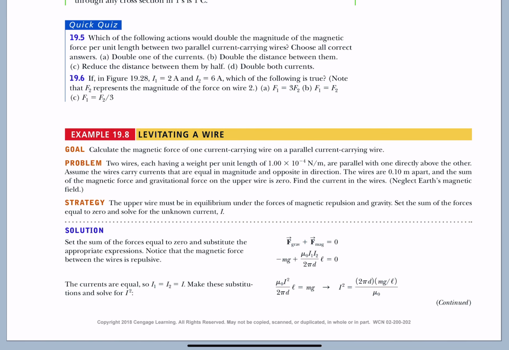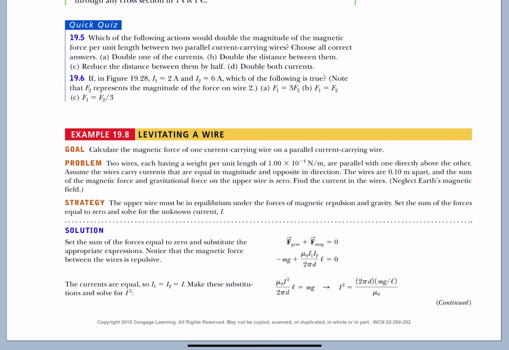Example 19.18 is an interesting problem in that, let's say we want to levitate one wire above another. So we have two wires. They each have a weight per unit length of about a 10,000th of a Newton per meter. The wires are 1/10 of a meter apart.